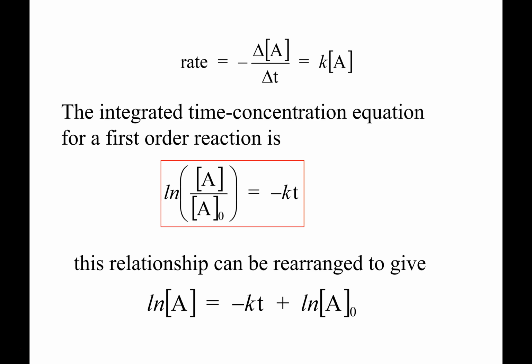So it looks like this: this can be broken out into the natural log of A minus the natural log of A0 equals negative Kt. And all that is done here is to drag that second term over to the other side.